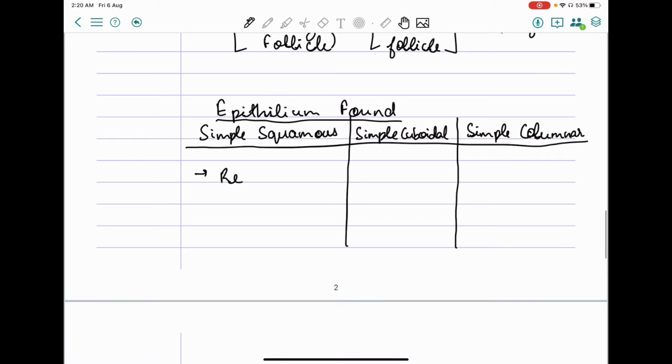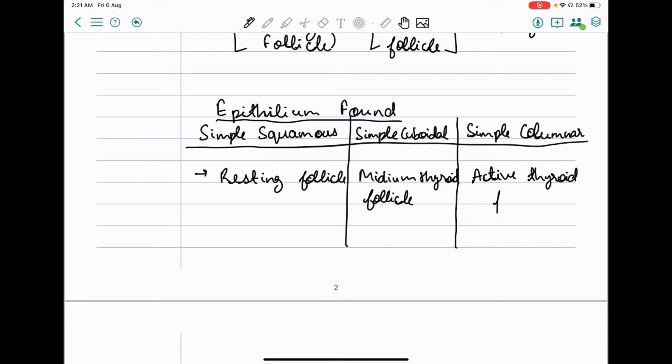Simple squamous is found in resting follicles. Simple cuboidal is found in the medium thyroid follicle. And last, simple columnar is found in the active thyroid follicle.